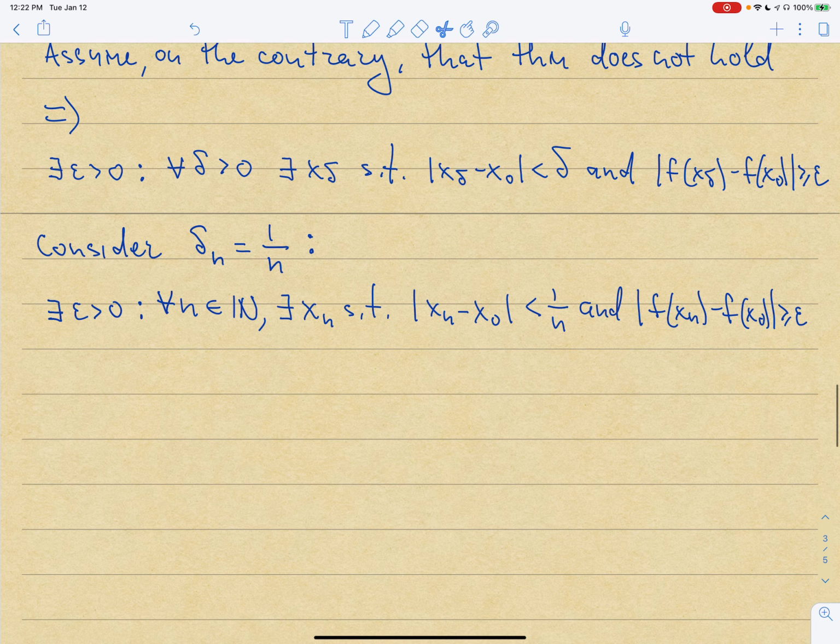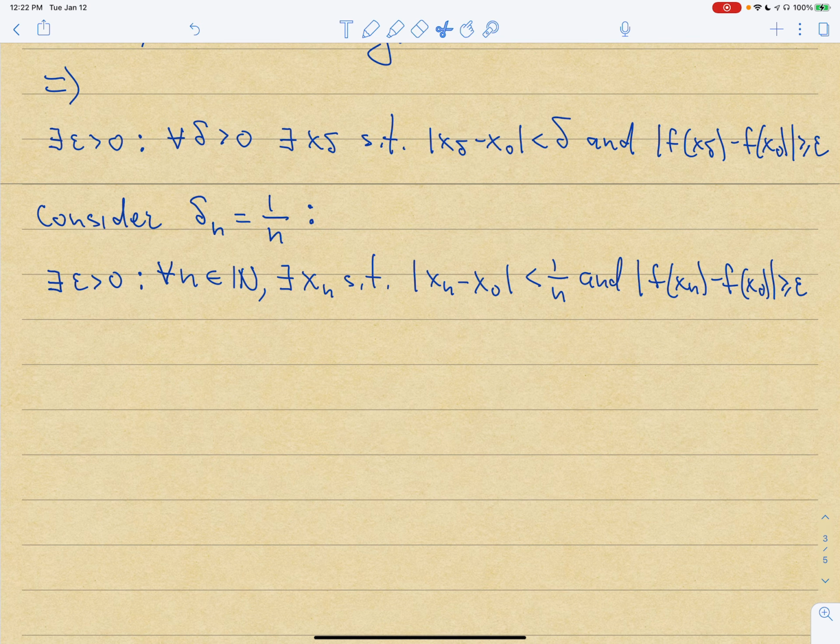What can we conclude from this? From this piece, I can easily conclude that the limit as n goes to infinity of xn must be equal to x0, right?